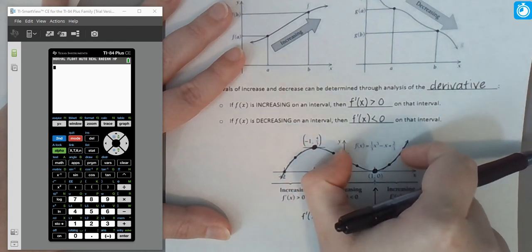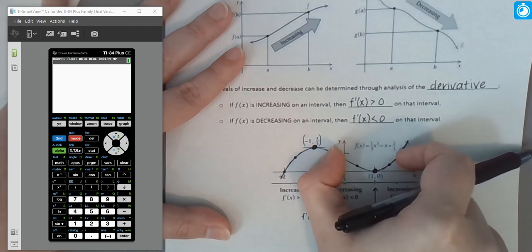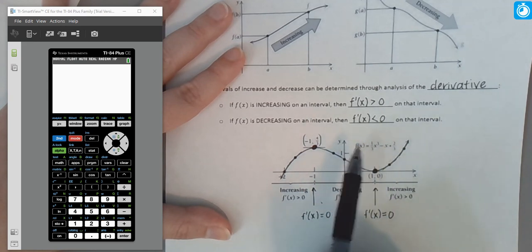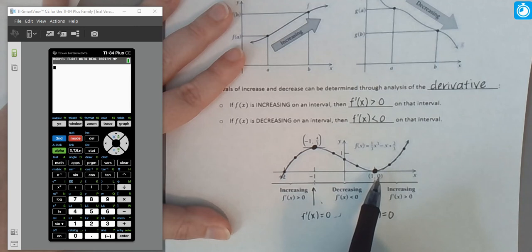That's going to be the lowest value in relation to the points around it within an interval. So this would be considered a relative minimum. So we would say this function has a relative minimum value of 0. The actual output is 0, and the location for that relative minimum is x equals 1.